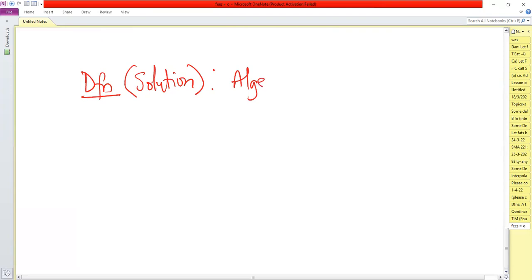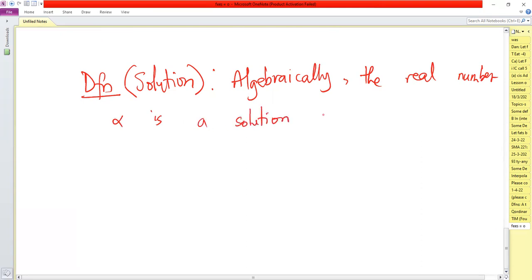Algebraically, the real number alpha is a solution to the equation f of x equals 0 if and only if f of alpha gives 0. That simply means that when you replace x with alpha, it satisfies the equation.